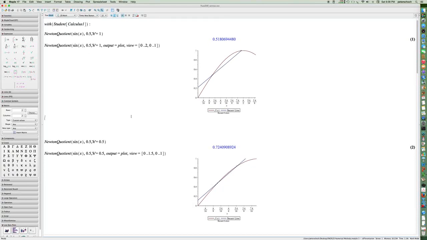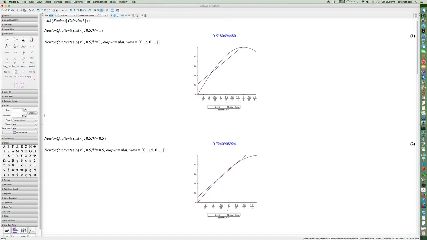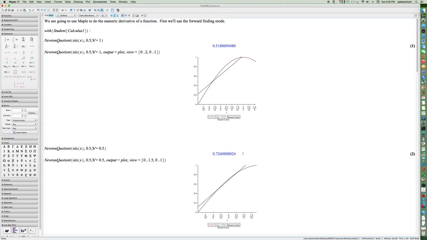If I cut that delta x, that h value, in half to 0.5, I get closer to the actual value. It's 0.724. I'm still fairly far away from my 0.8775.